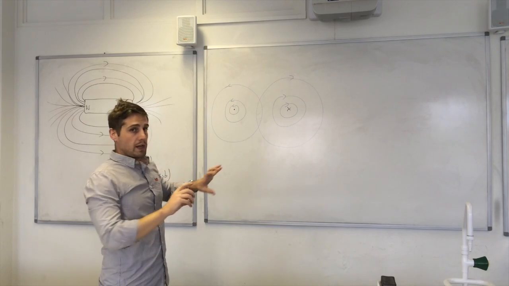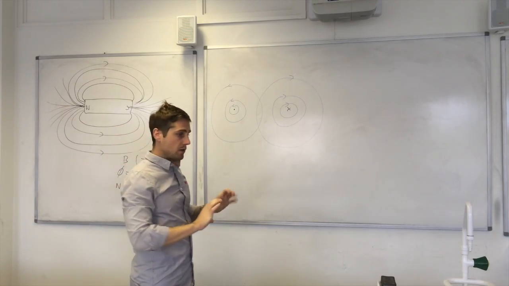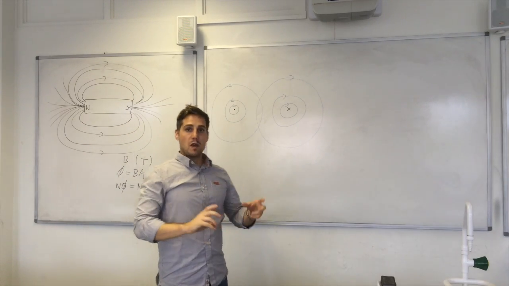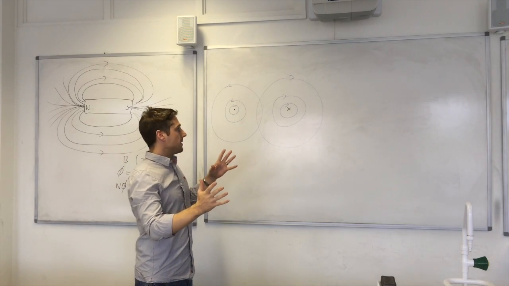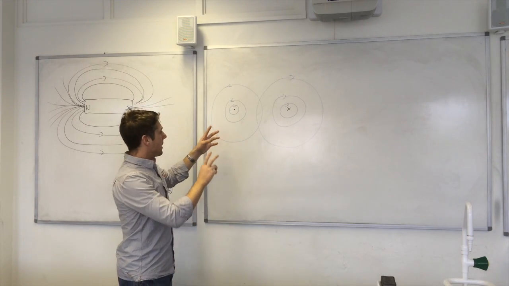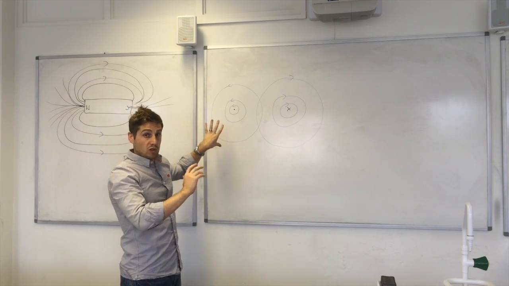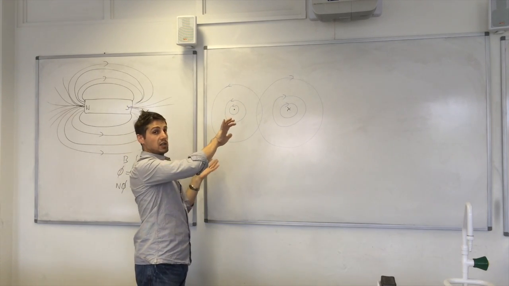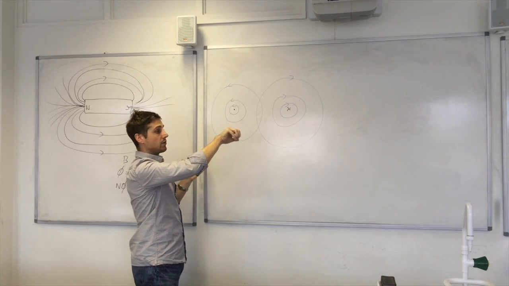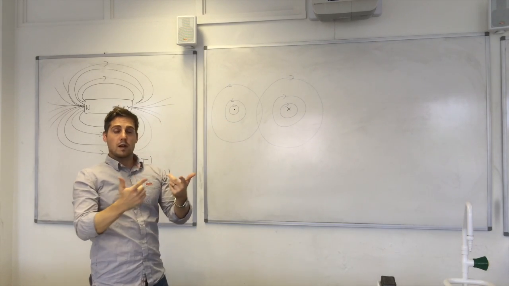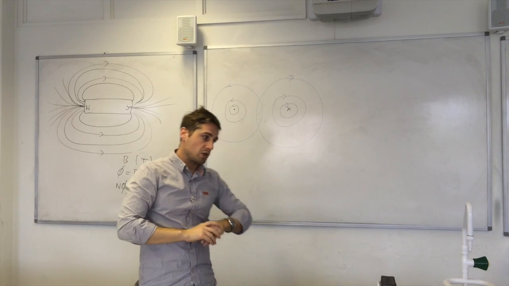That's for straight conductors carrying a direct current. If you have an alternating current, then firstly the direction of the magnetic field will change, obviously, because current changes direction, so your right-hand grip rule is going to give you a magnetic field in the opposite direction.